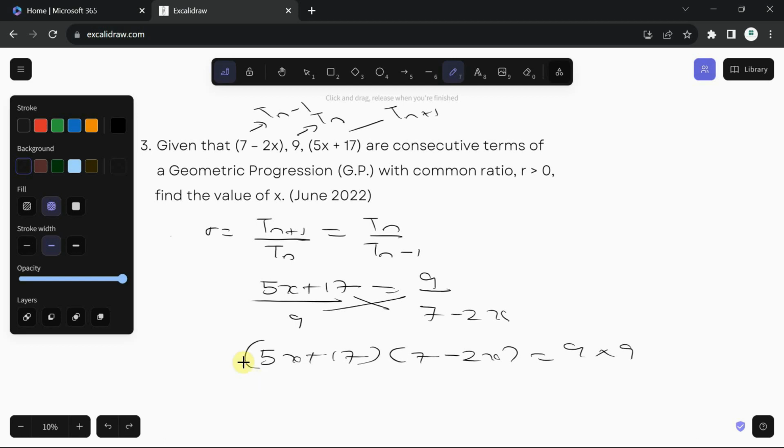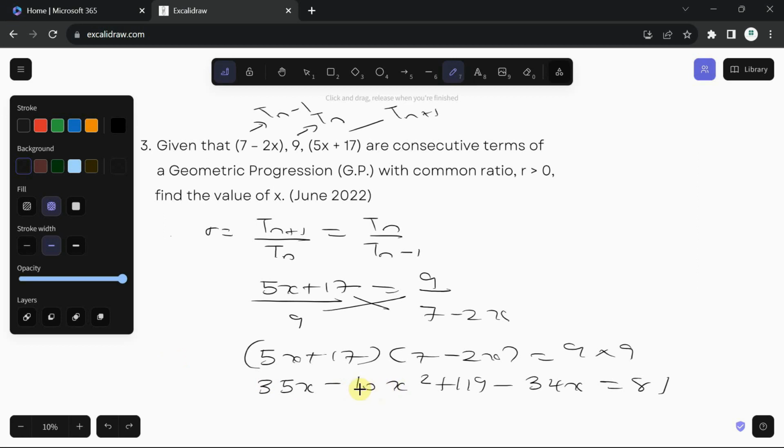We can expand this bracket: 5x times 7 gives us 35x. 5x times minus 2 gives us minus 10x squared. 17 times 7, if you use a calculator, gives plus 119, if my mathematics is still correct. 17 times minus 2x gives us minus 34x, is equal to 9 times 9, that will give us 81. So let's rearrange and collect like terms.